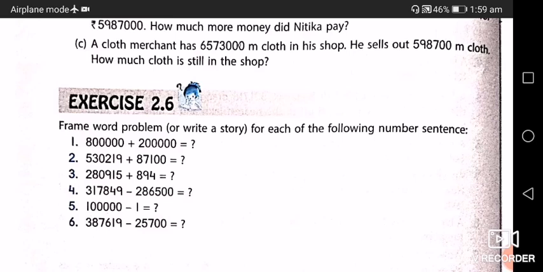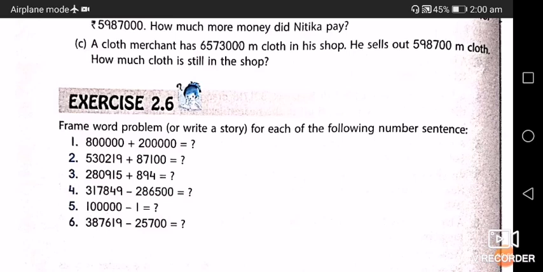Remember that I am using the word total. Total means you are supposed to do addition here. The word total is used whenever you have to do addition. So in these ways I have told you how you can do it. Okay, I think this is clear to you all.